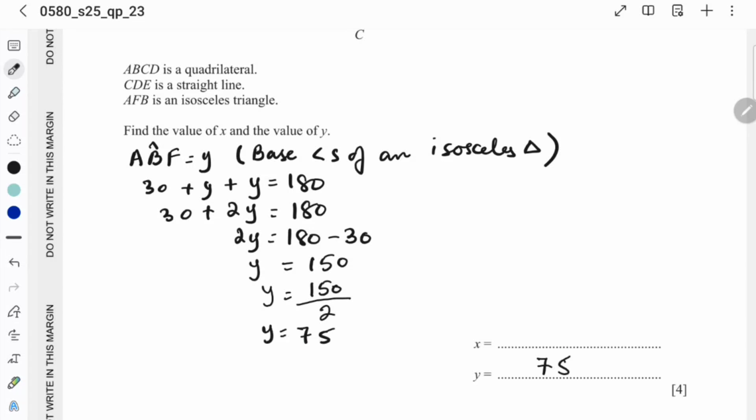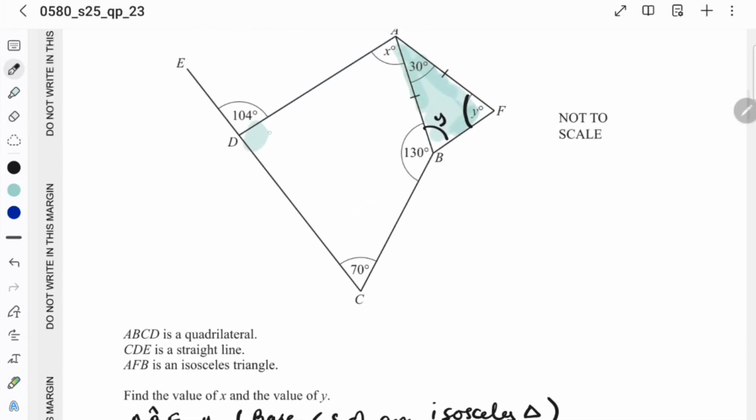Okay, sorry, we didn't find x yet, so now we can find x also. For the value of x, you know that this angle will be equal to 180 minus 104. So ADC is equal to 180 minus 104.